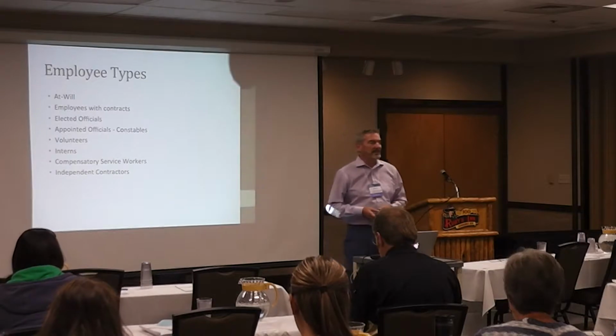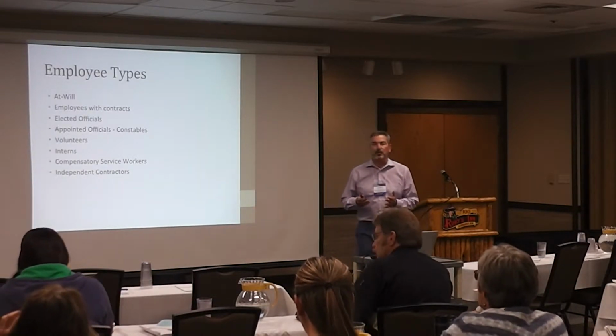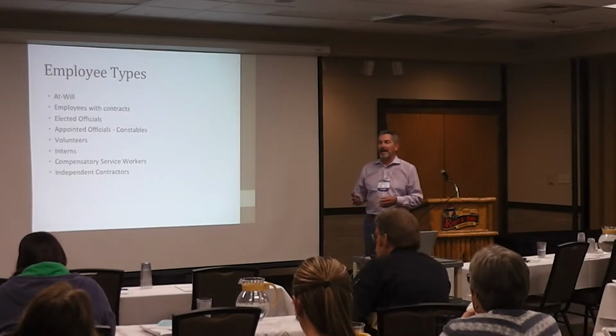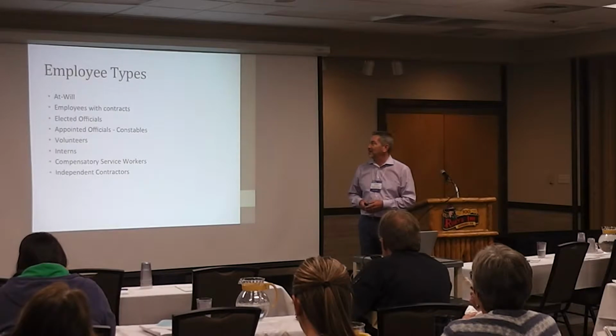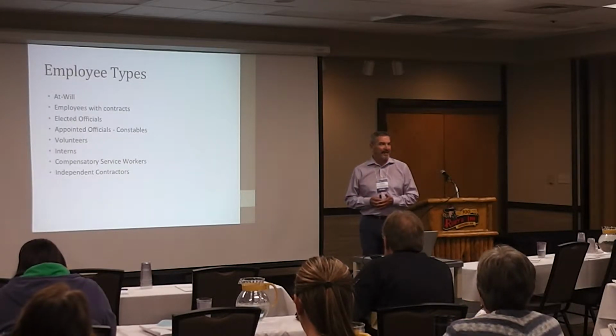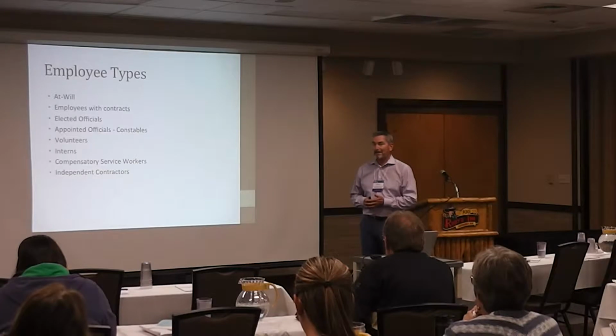And what are the different types of employees that we have out there, that we have an employer relationship with? Certainly our at-will employees, and we'll talk about what that means. We have employees with contracts. We have elected officials, elected and appointed officials.